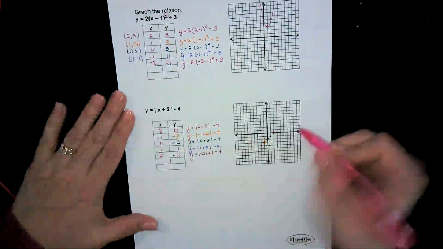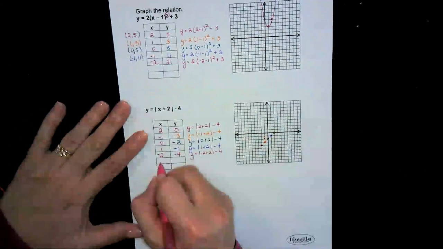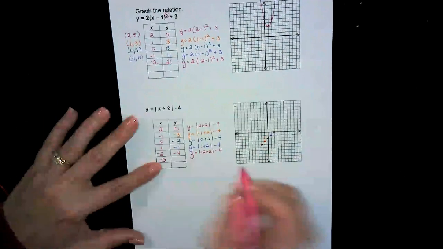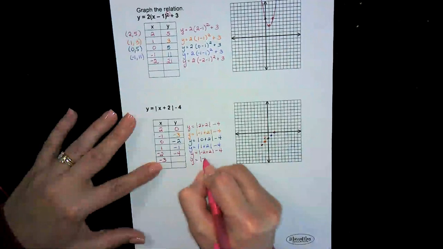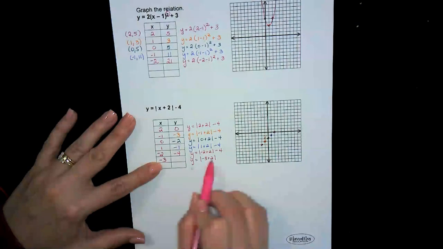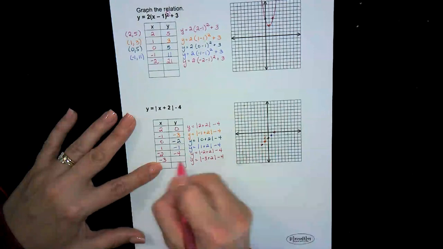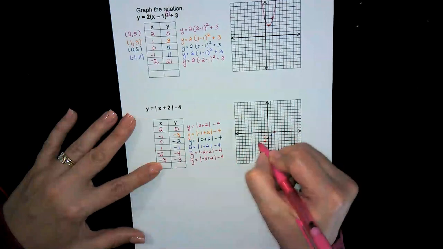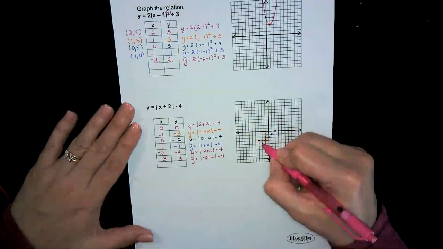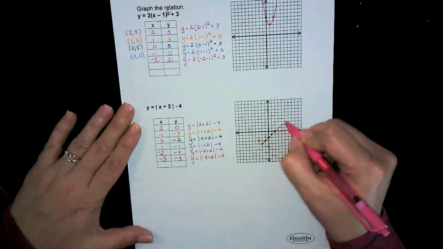Okay, now this looks like a line. However, if we do a few more points, like negative 3, so if we put in negative 3, I'll get negative 3 plus 2, which is negative 1. Absolute value of negative 1 is positive 1. And then subtract 4 will give me negative 3 there. So you can see that we actually make a V shape.